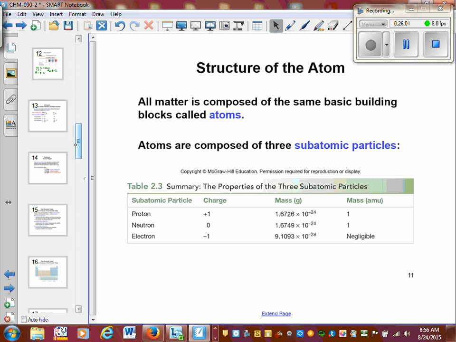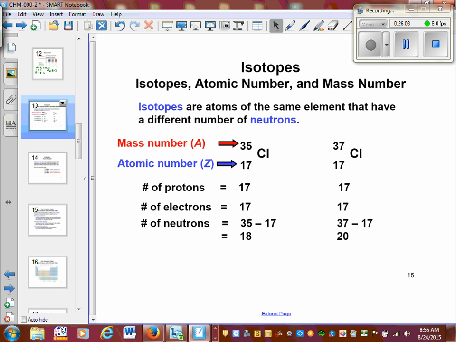What about isotopes? What's an isotope? You notice that, for example, chlorine, its mass number in the periodic table is 35.45. Well, it turns out it's a combination of isotopes.